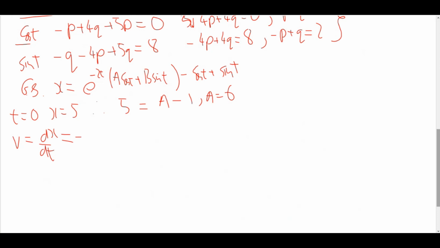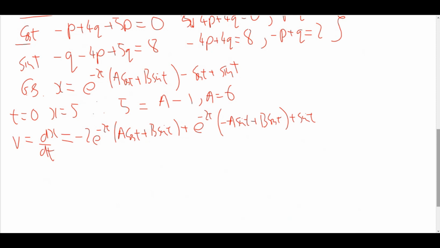So that's going to give me minus 2 e to the minus 2t into a cos t plus b sine t, plus e to the minus 2t into minus a sine t plus b cos t. You've also got to differentiate minus cos t, which will give me plus sine t, and sine t, which will give me just cos t.